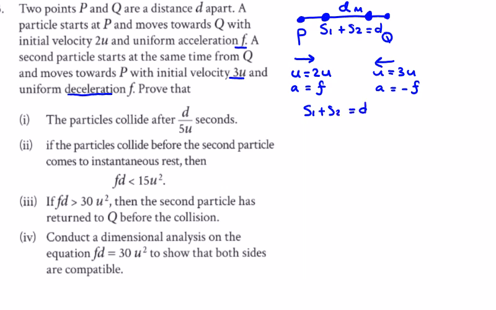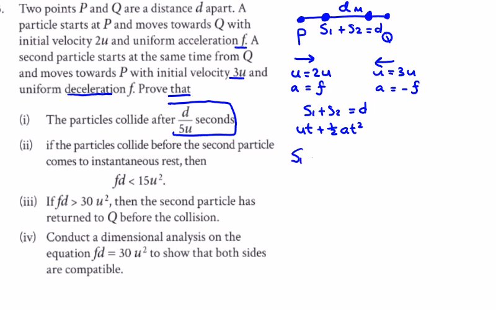And then we look at the questions. Maybe we're looking for time first, so the time in terms of D and U. So let's look at this S1 plus S2, ut plus a half at squared for both.